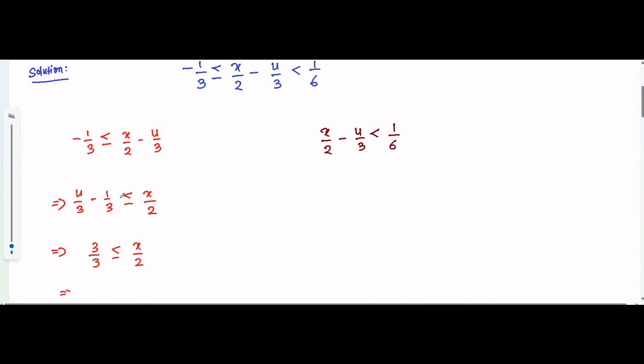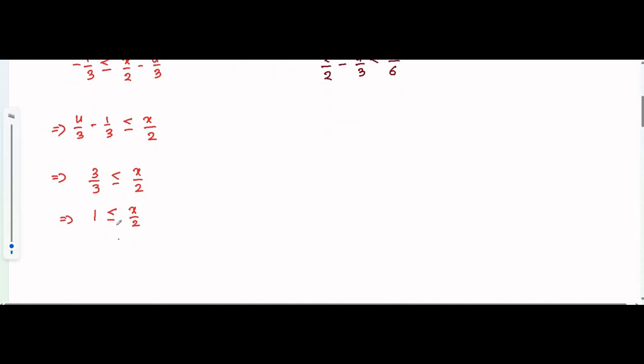That implies 1 is less than or equal to x by 2. If we multiply both sides by the same positive number, let's say 2, we have 2 is less than or equal to x. This gets cancelled, okay, or x is greater than or equal to 2, same thing.